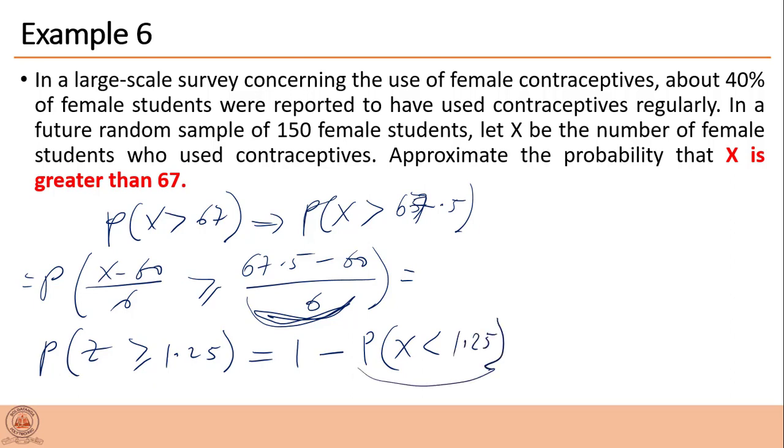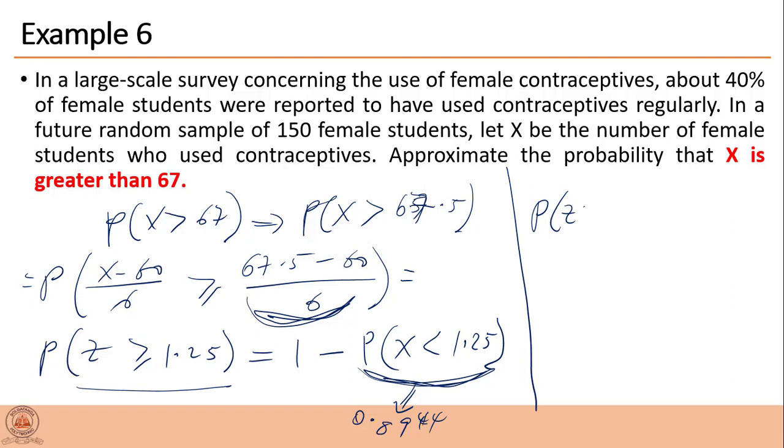So this is what we are going to read from the table and subtract from 1. From the normal distribution table, this value equals 0.8944. So let's put that back. So we have z greater than or equal to 1.25 equals 1 minus 0.8944, and that will be 0.1056.